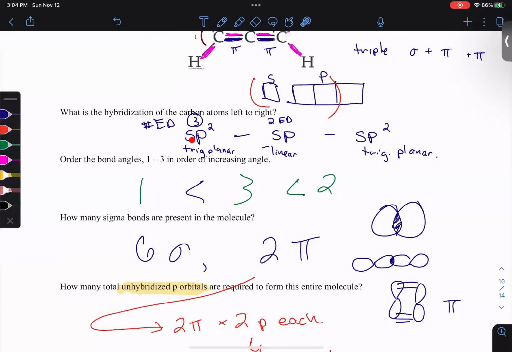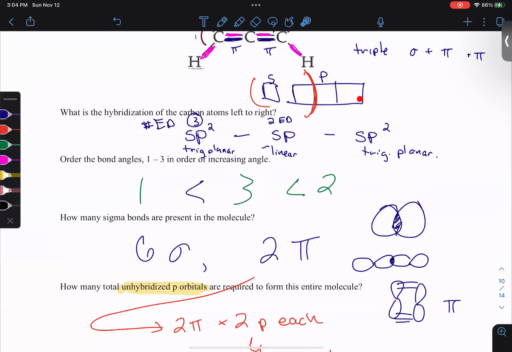How many did I not put in that blender when I hybridized everything? There's 1 left over. But what if I sp hybridized it? I only had to mix 2 atomic orbitals. So in this middle carbon, how many leftover p orbitals did I not touch?